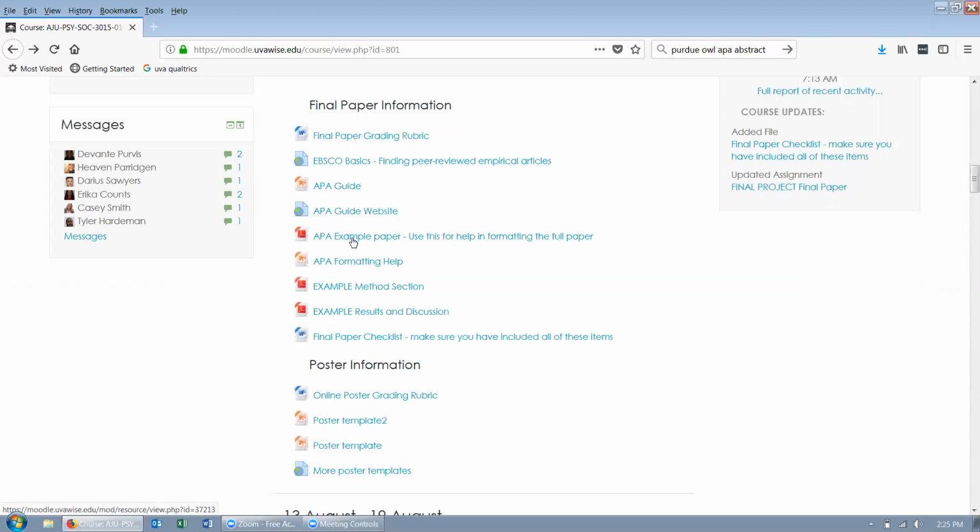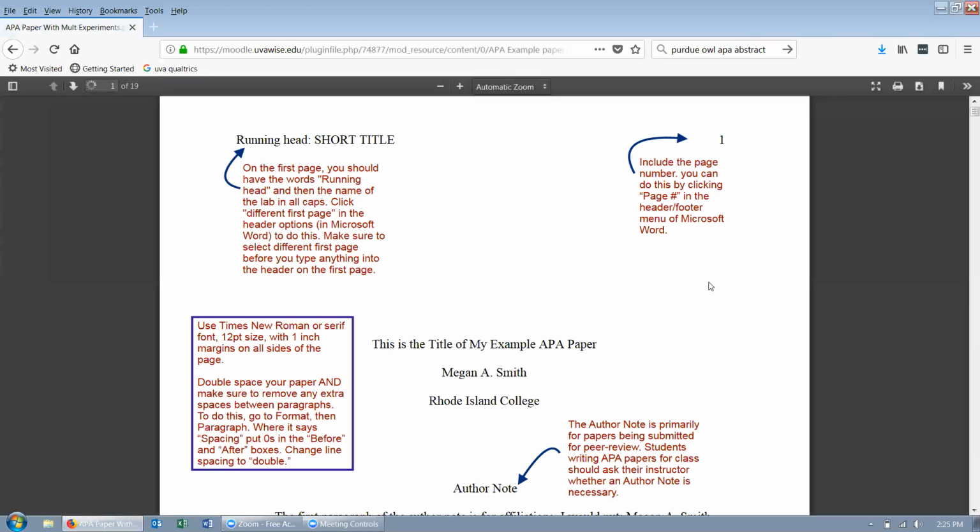The next two examples are examples to help you with the formatting of your paper. This one in particular, I just want to make sure that everyone sees it's annotated, so it describes what needs to go where. This is a different assignment than what you're doing, so the content is not necessarily the same, but the formatting should be.